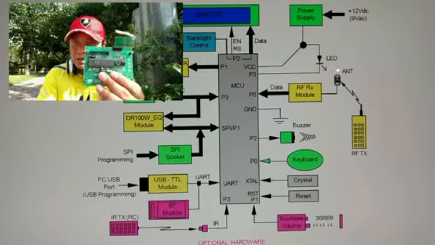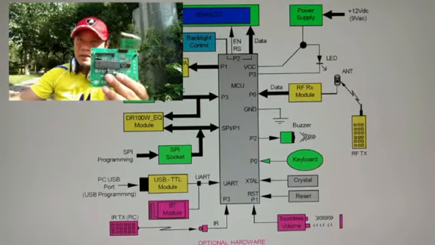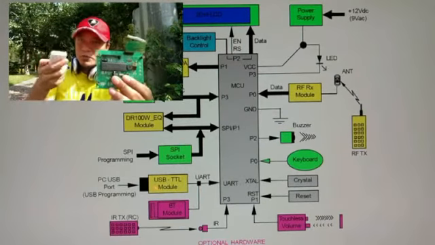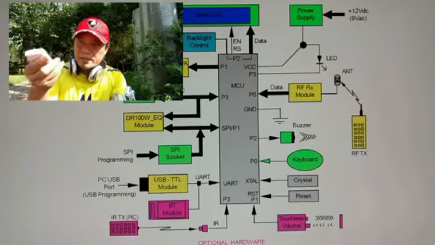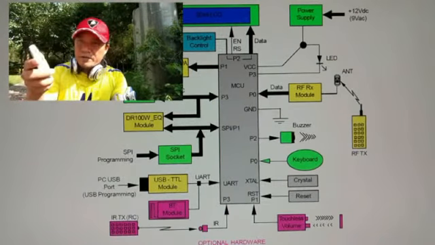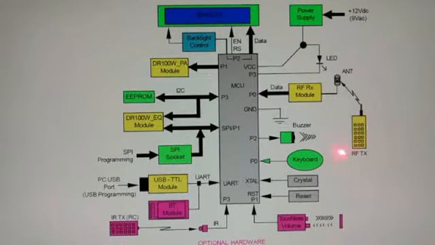What is meant by remotely is that, for example, we are about 10 meters away from the amplifier, and we want to access the volume control to increase or lower the volume. Then we can make use of radio frequency, with the RF RX module and the equivalent RF transmitter, to increase the volume.